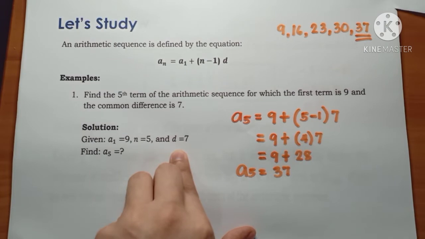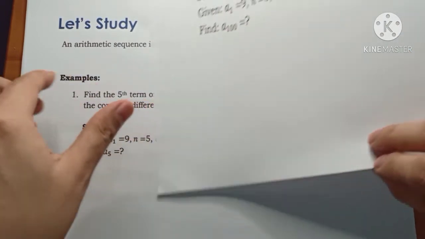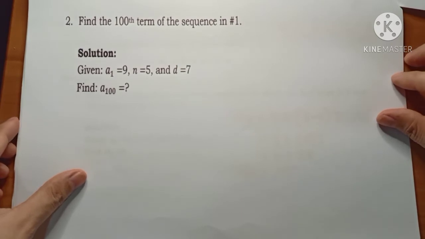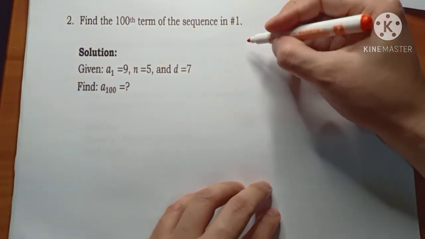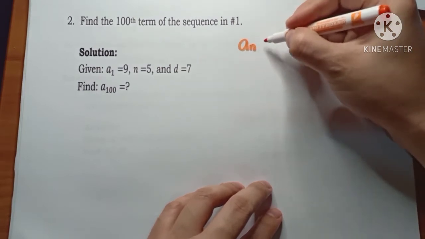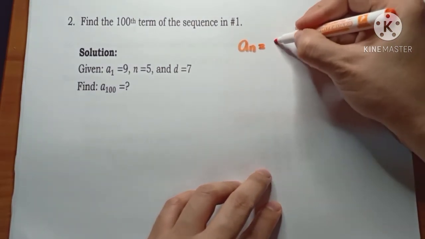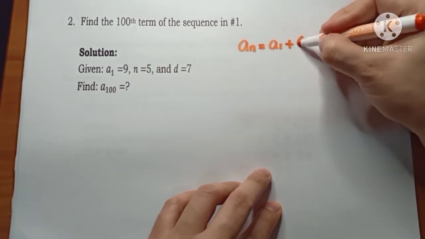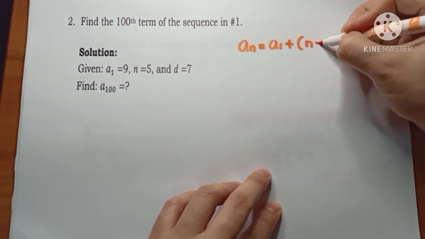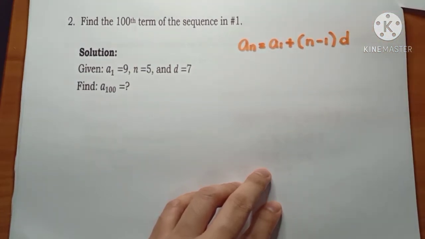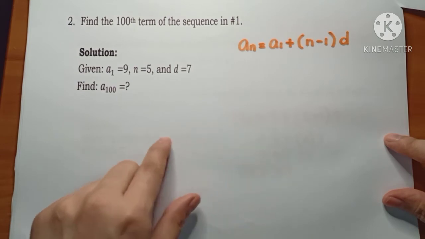Okay. So, punta naman tayo sa ating second example. Find the 100th term of the sequence in number 1. So, since ang ating formula is a sub n, or the n term, is equal to our first term plus n minus 1 times the common difference. So, yan ang ating formula para makuha natin ang n term.